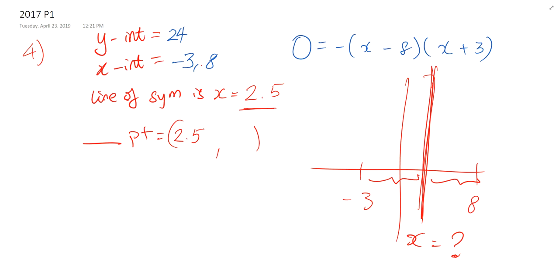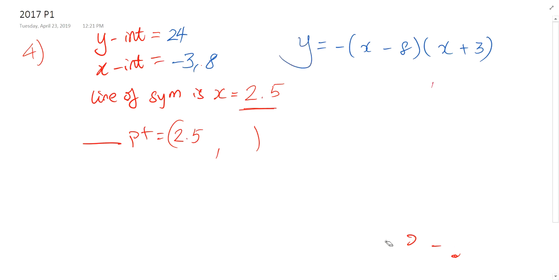Then do we have a maximum or a minimum point? Based on the equation, is it a maximum or minimum point? How do we tell? The coefficient of x squared is positive or negative? Look at the equation.